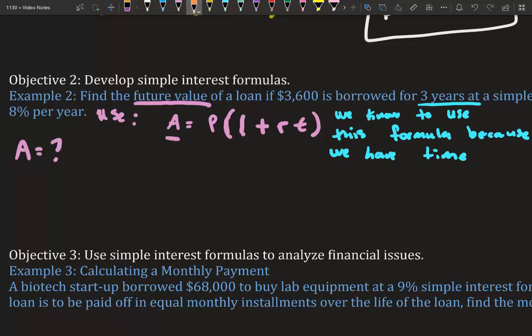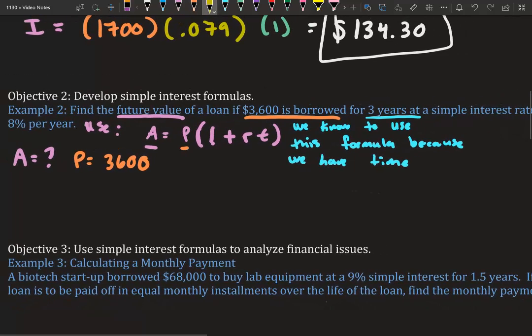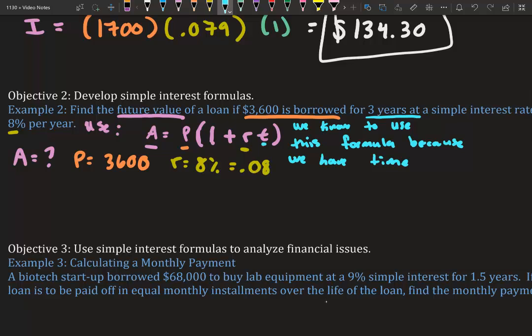Our P is how much we're borrowing. Our rate is 8%. So 8% is actually 0.08, and our time is for 3 years. So let's plug it in.